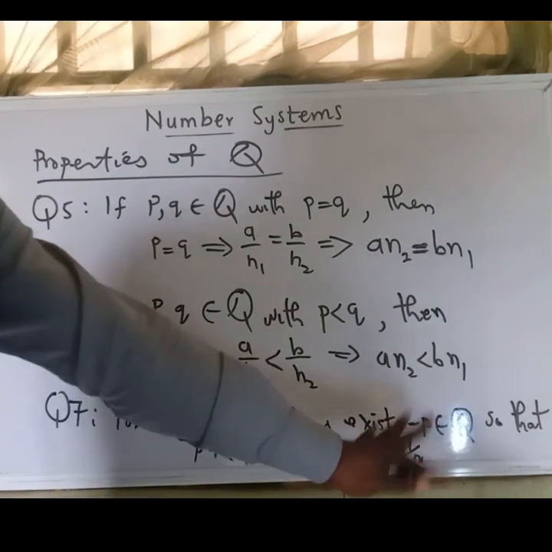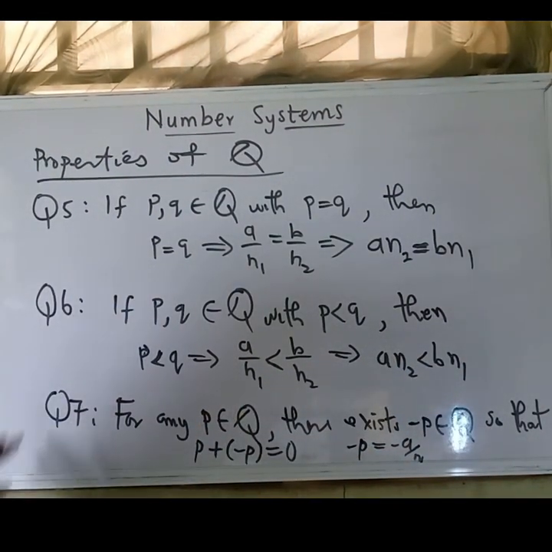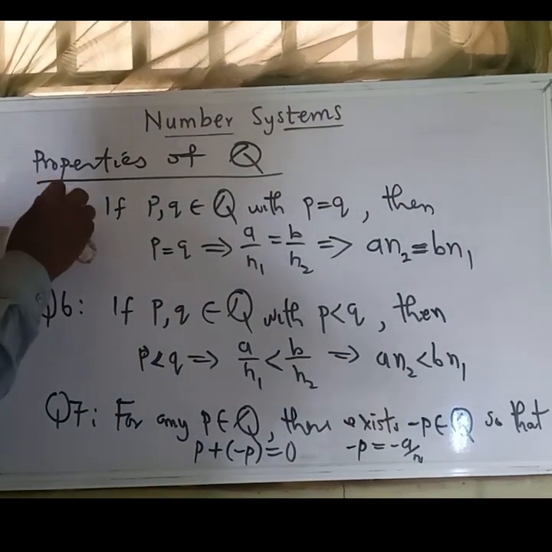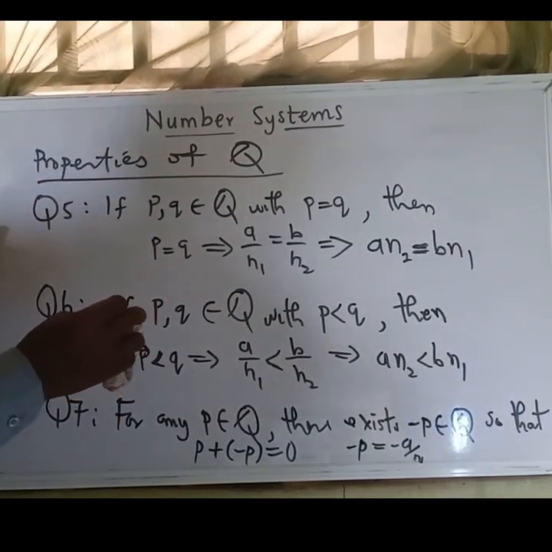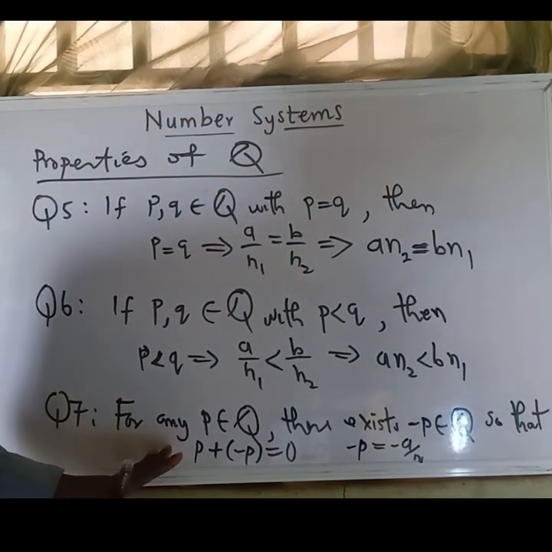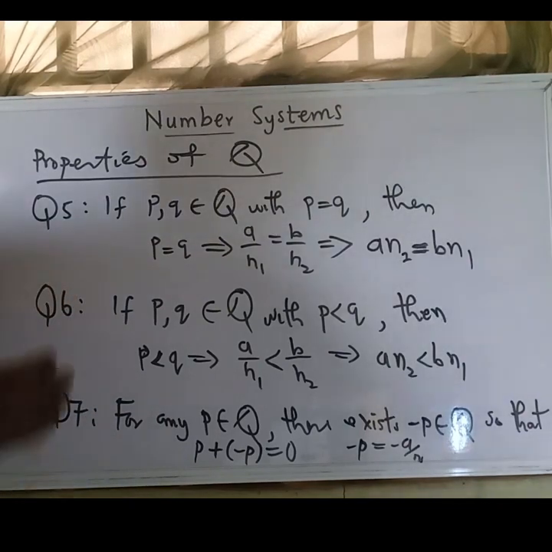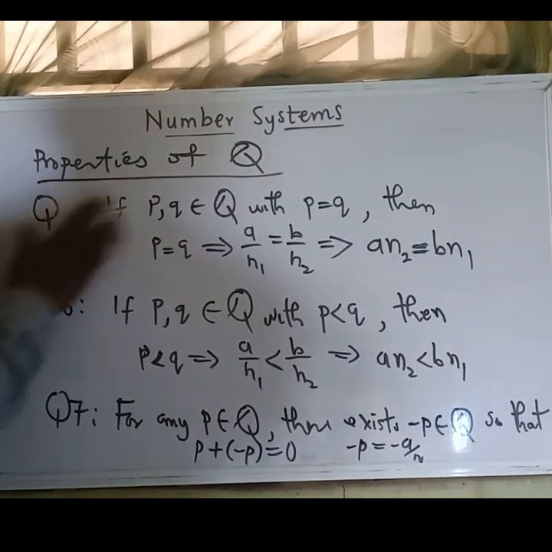Just as it is, and we have the result. Let's call this Q7A. That is for the additive inverse. For the multiplicative inverse, we call that Q7B.